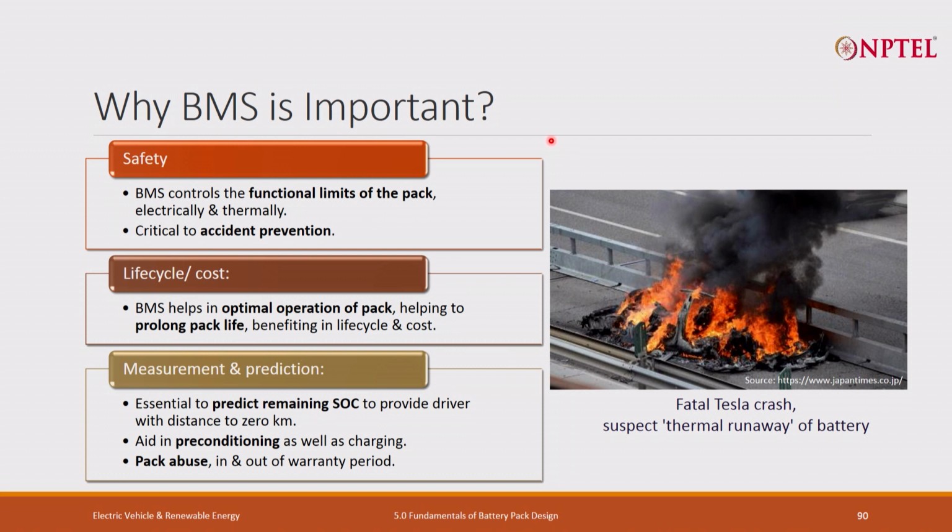If over current is being drawn, it sends a message, you are drawing more current, I will cut off or I will reduce your current. If somebody is still trying to do that by accelerating hard, with multiple accelerations, it records those events for warranty purposes.